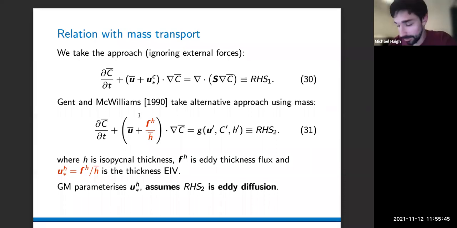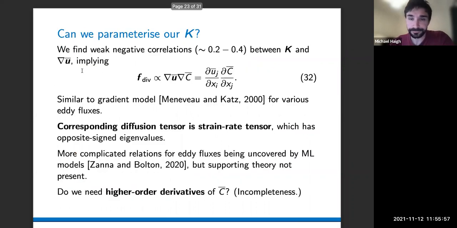And this represents a more general issue, which is that there's a certain ambiguity with regards to the classification of diffusive and advective eddy effects. So in my penultimate slide, I'll just ask the question as to whether or not we can parameterize the transport tensor that we've diagnosed.